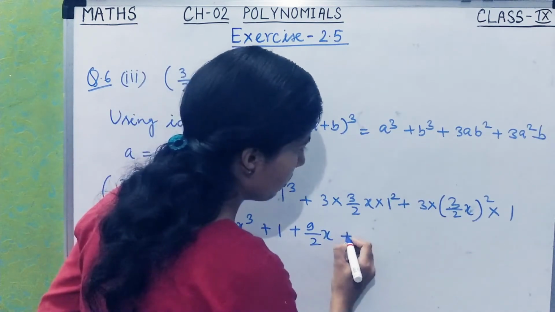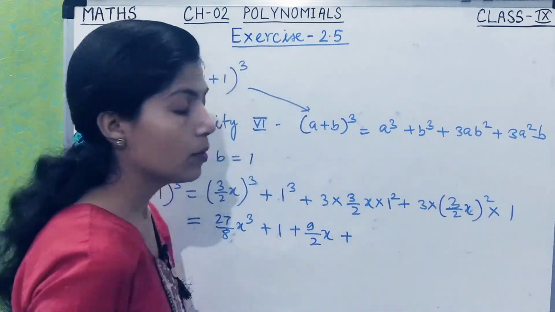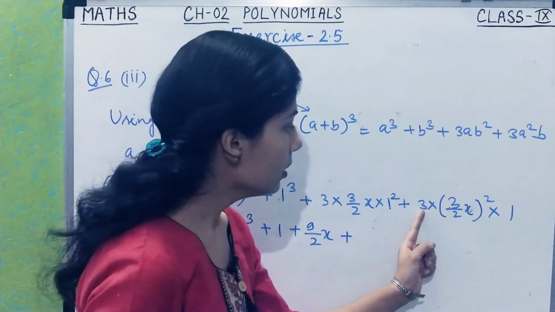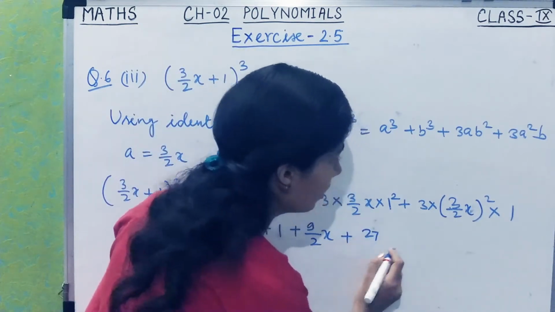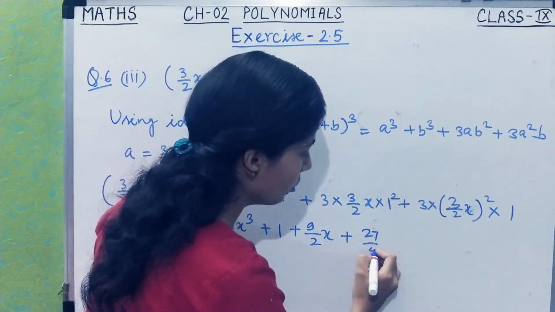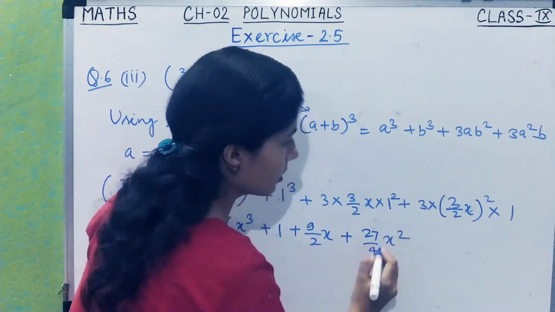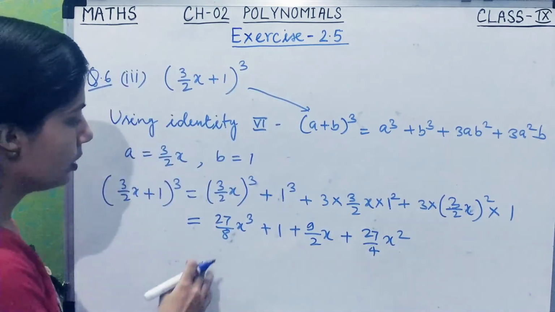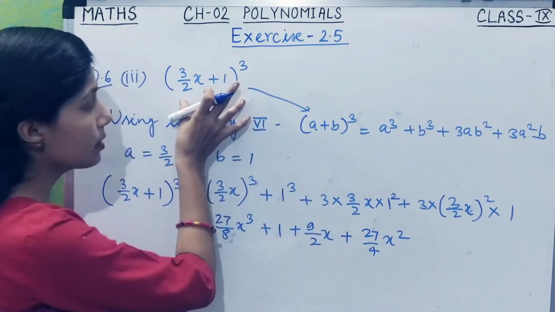Now plus, see here, 3 into square of 3, 9, and in the numerator, 9 3s are 27, and square of this 2 means 4 into 1, 4, and square of x means x square. So these all are unlike terms, so this is the expanded form of this cube.